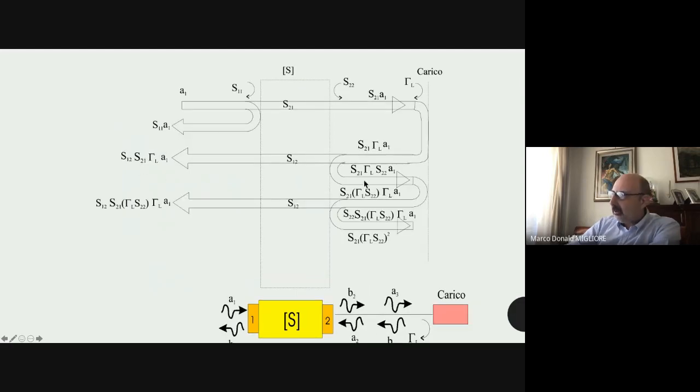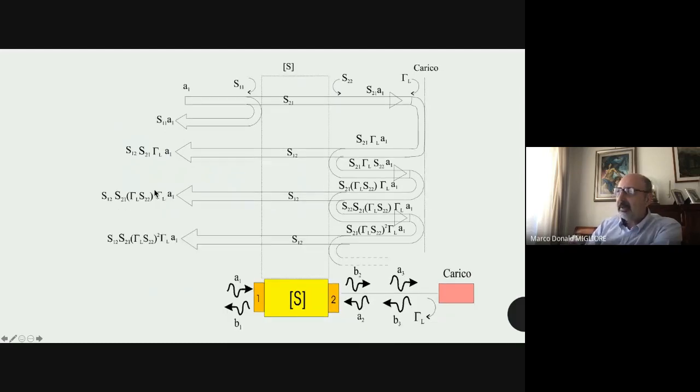Then it goes on, we have other reflection between this port 2 and the load, and part of the signal goes on. We have also this other signal, and so on. So at the receiving section, the true receiving section of the vector network analyzer, we do not have only gamma L, but we have the interference between all these signals, S11A1, S12, S21, gamma L A1, and so on.